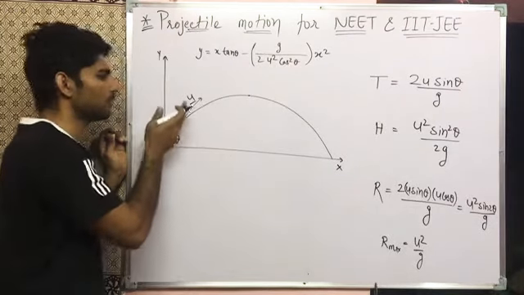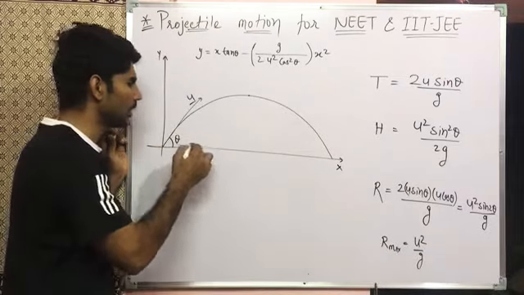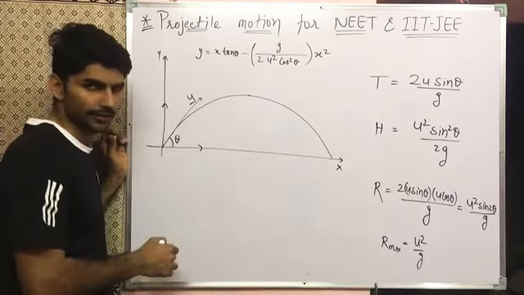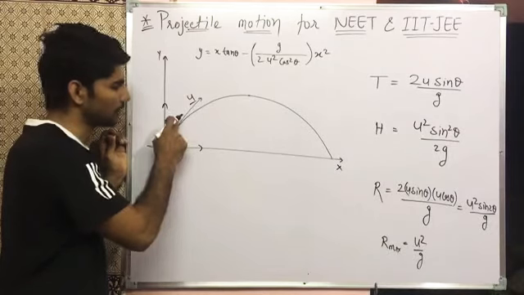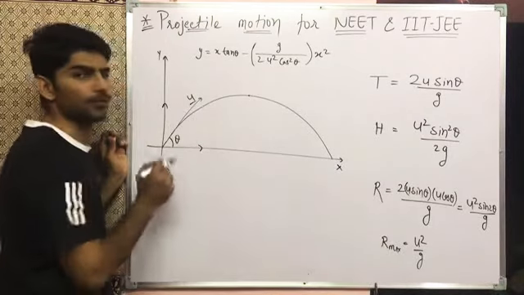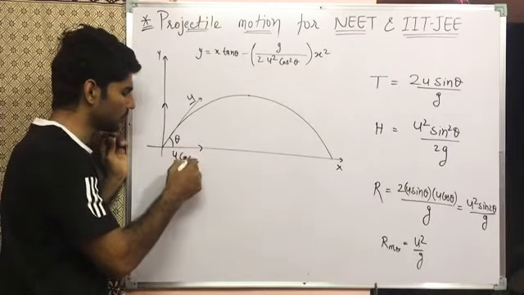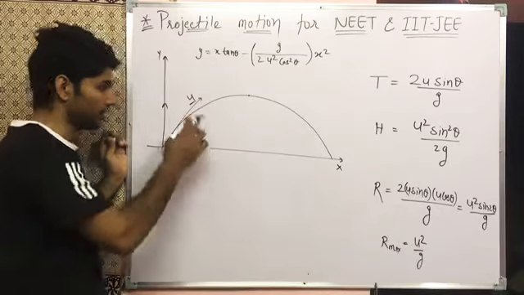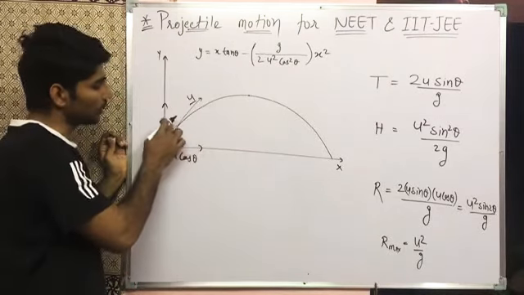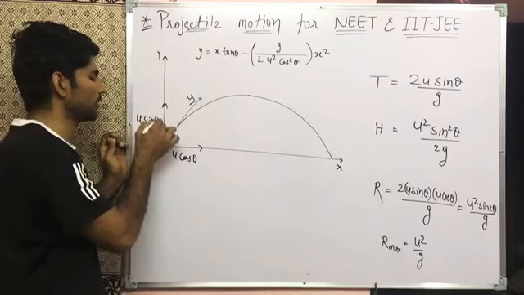So first we find the components of this initial velocity in the horizontal and vertical directions. The horizontal component of the initial velocity u becomes u cos theta, and the vertical component becomes u sin theta.